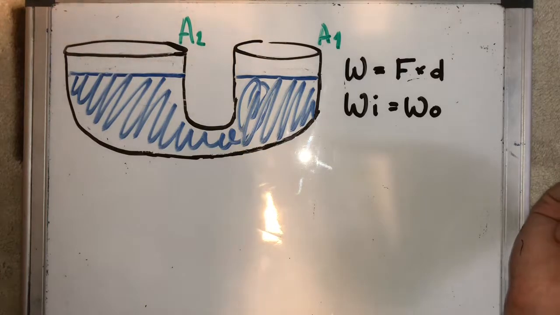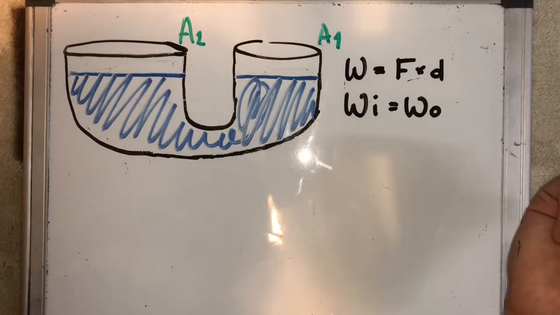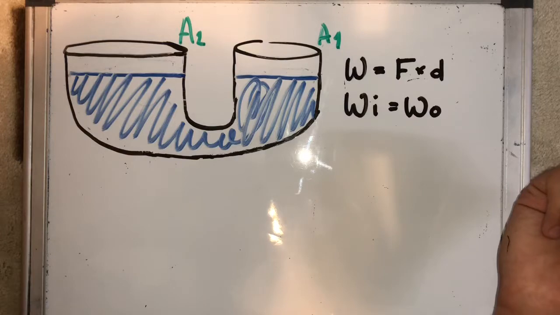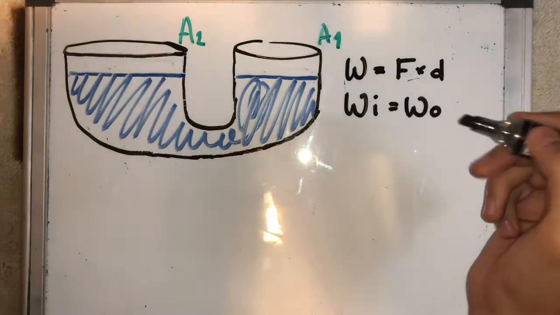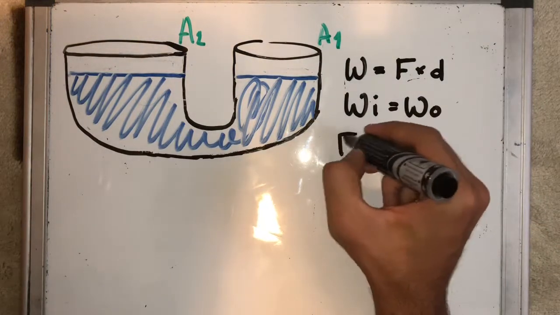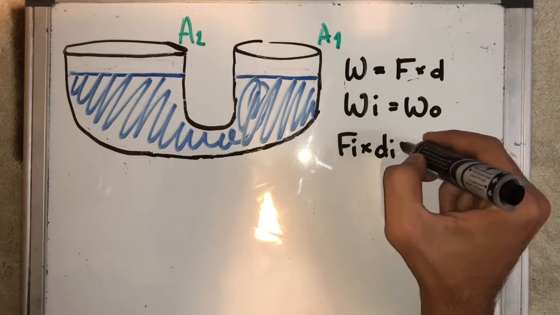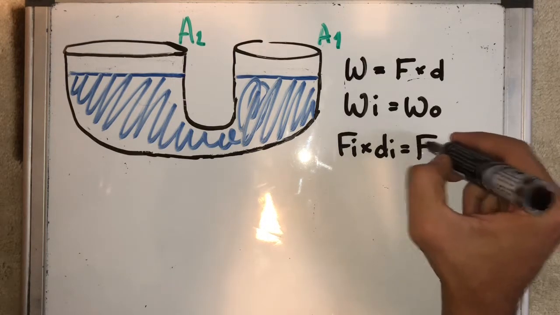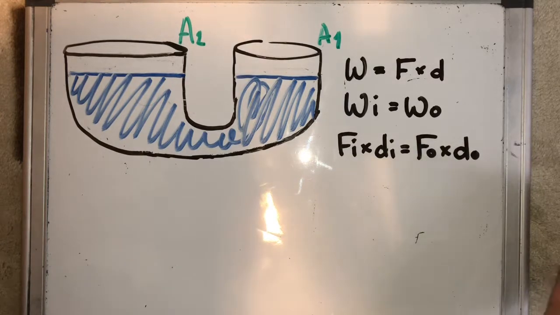From the conservation of energy theorem, the work in is the energy that you're putting into the system, measured in joules, and the work out is the energy that comes out of the system, meaning that no energy is destroyed nor created. So we can say that force in times distance in equals force out times distance out.